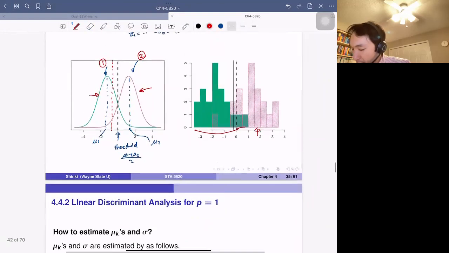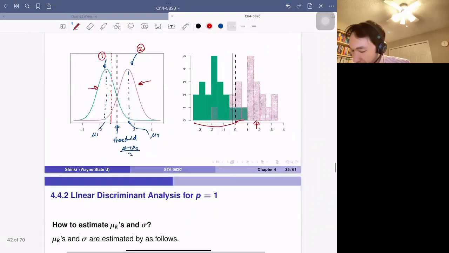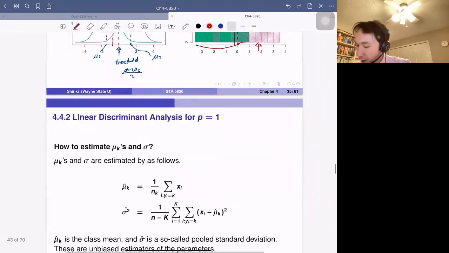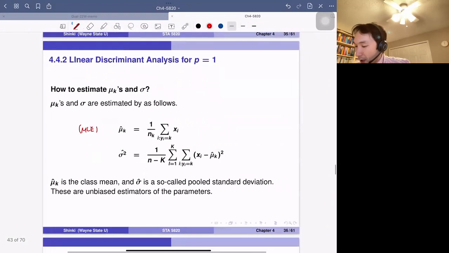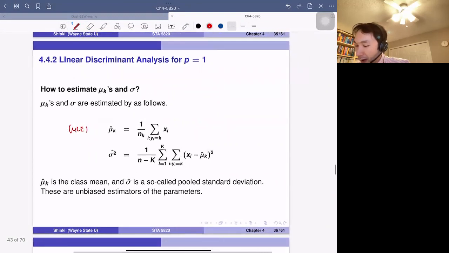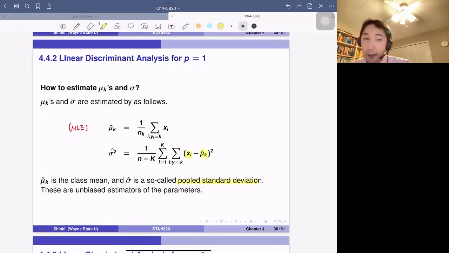And how to get mu1 and mu2? We use just the sample mean. That is actually the maximum likelihood estimator for mu1 and mu2. And how to estimate sigma square? This is a little more complicated, but basically we use the pooled standard deviation for sigma. The variance estimator uses the difference between each observation and its center.